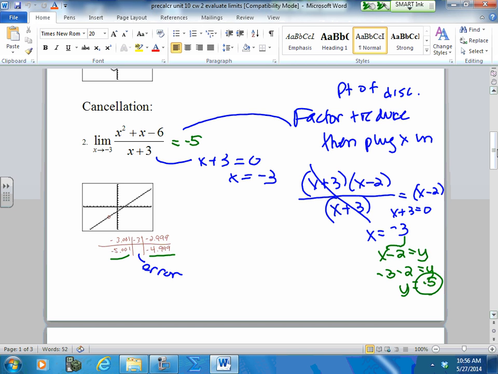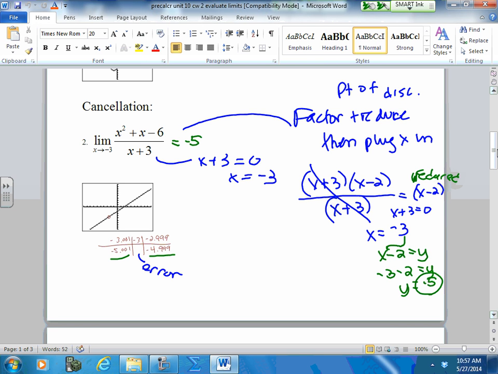This is your typical point of discontinuity. I take out where my domain restriction is, take out that common factor, and then plug in to the remaining function, the reduced function, when it's reduced. Okay?